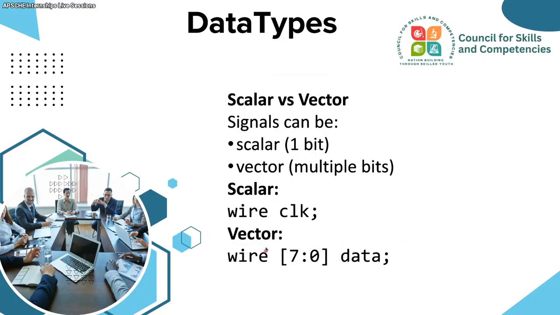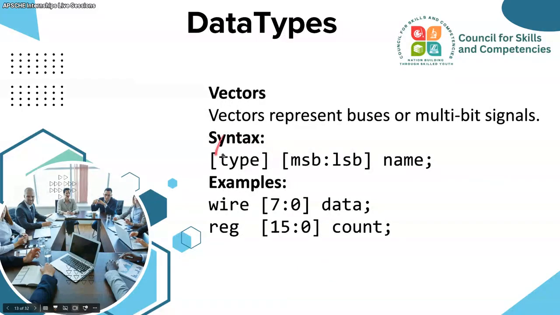So this is a vector and this is a scalar. It is easy, but keep these small things in mind so that when it comes to bigger designs, you do not lose control.